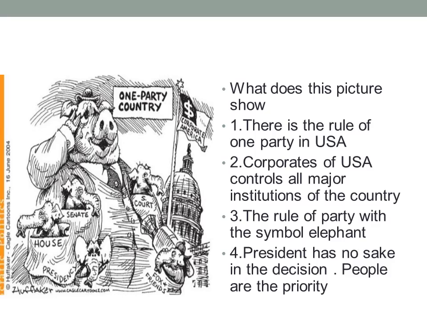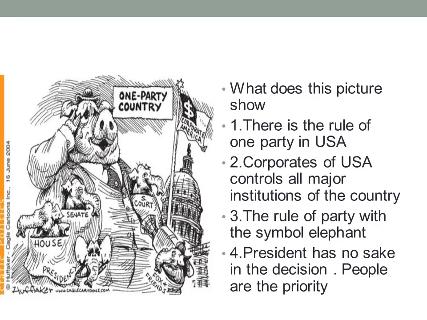USA, because the dollar is there. So we are talking about USA only. And now when you see the flag with this reference, you will find that corporate America is there in the flag. So the pig or the piggy bank represents the corporates of USA. Now, in the pocket of the corporate, you have the court, you have the Senate. Senate is actually the upper house of US Parliament.